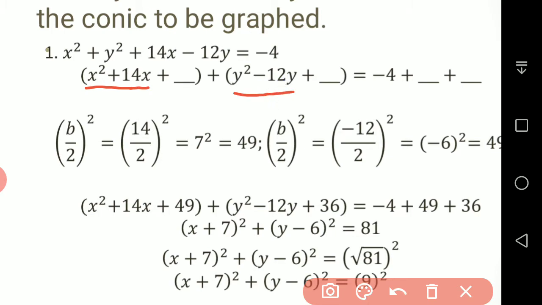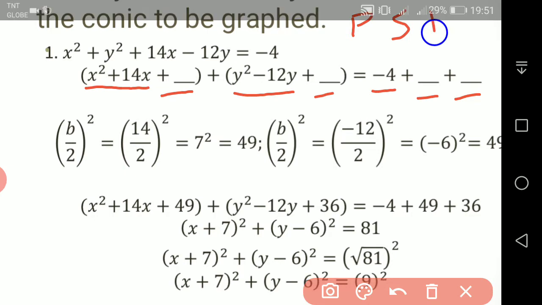And the constant will be transferred to the right hand side of the equation. Now, you may wonder why there are blanks over here. The blanks are there because we need to transform these binomials into perfect square trinomials.